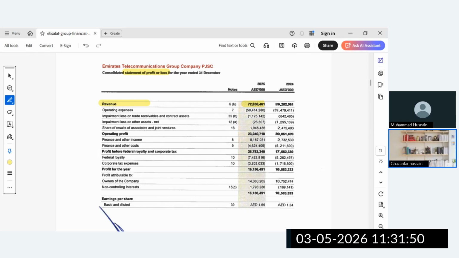Manan, please write the figure in the Excel template. Because this field is not available, you can make one additional field at the top and write over there. Beside that, add the breakup like 72 point this plus 2 million of this.